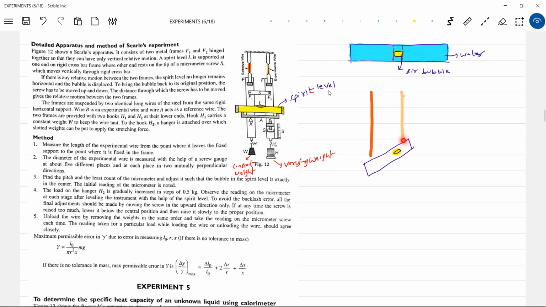Now to make it level, I will rotate this screw. By rotating this screw, you are pulling this particular frame. F1 and F2 are called the frames.